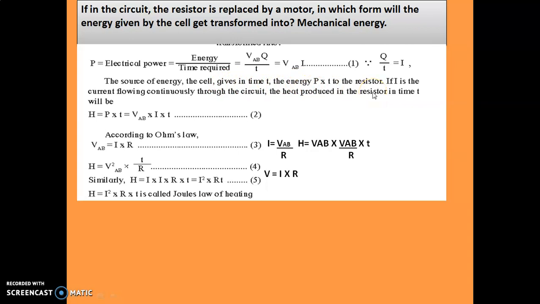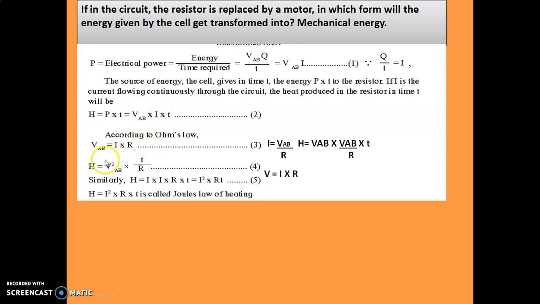If I is the current flowing continuously through the circuit, the heat produced in the resistor in time t will be H, heat, is equal to P, power, multiplied by T, that is equal to V_AB into I into T. So P's value is V_AB into I and time T. Now according to Ohm's law, I is equal to V upon R.